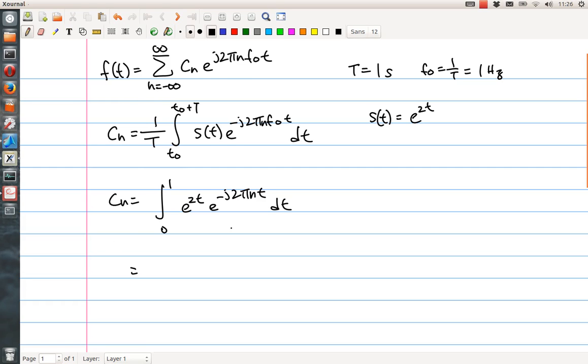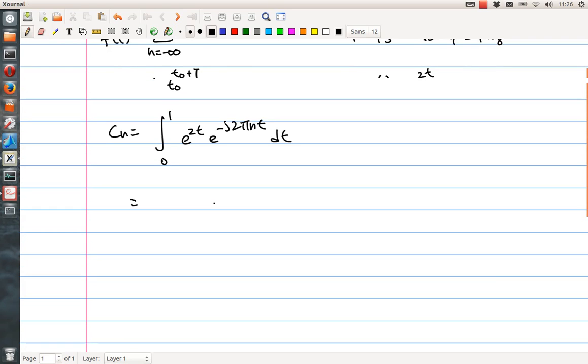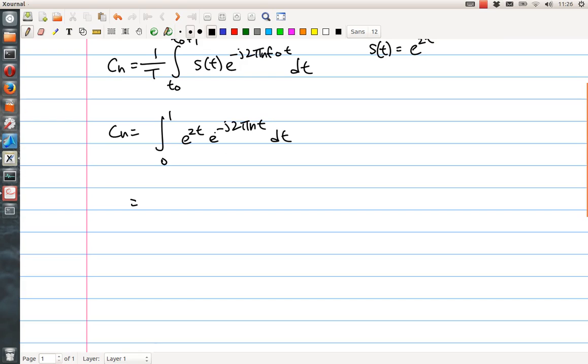Having this expression, I can simplify by adding the indices. Between 0 to 1, this becomes e to the 2t times 1 minus j pi n, dt. So this becomes significantly easier to integrate.